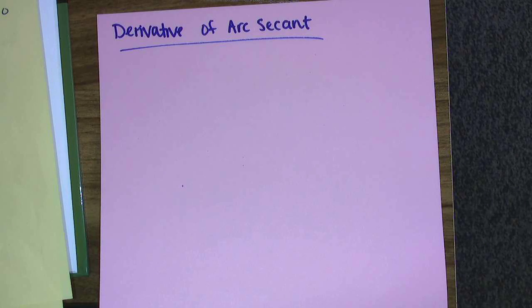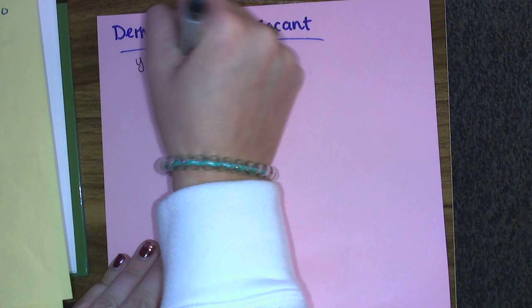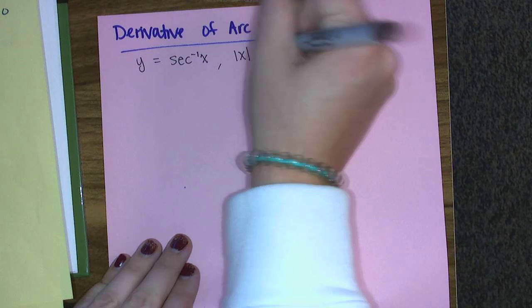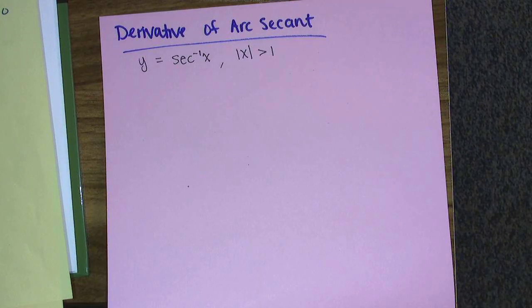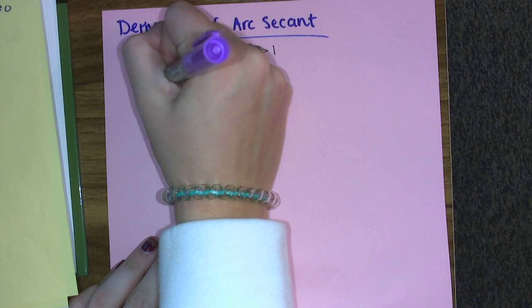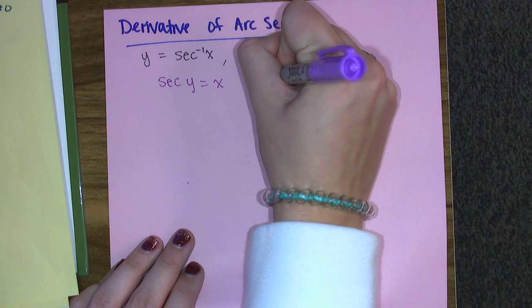So something that we just kind of need to remember here is that y is equal to the arc secant of x for the absolute value of x being greater than 1. So then secant of y is equal to x for the inverse relationship.